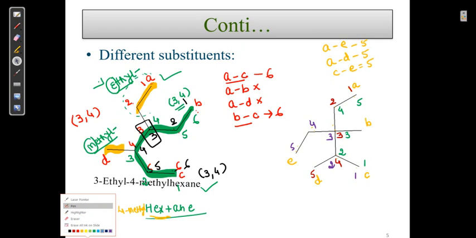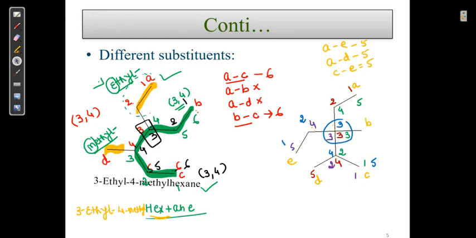Another possibility is 1. Okay. Almost, we come here at the third position, third number. But if you see this color, then you are getting 1, 2, 3. There are two substituents, at 3 and 4.